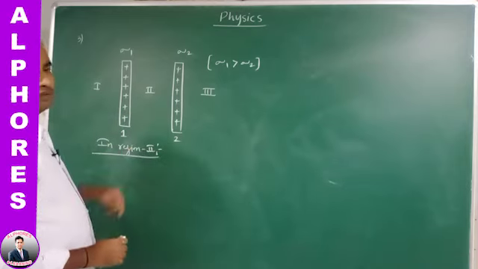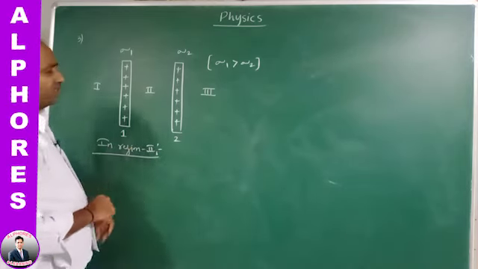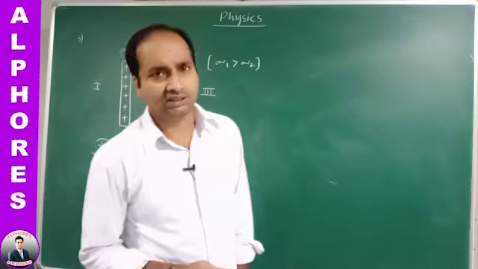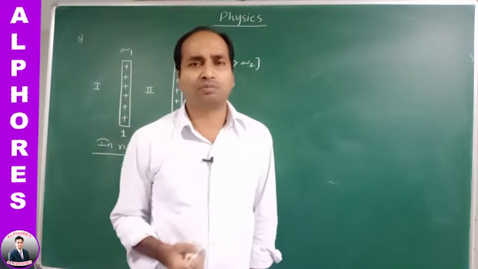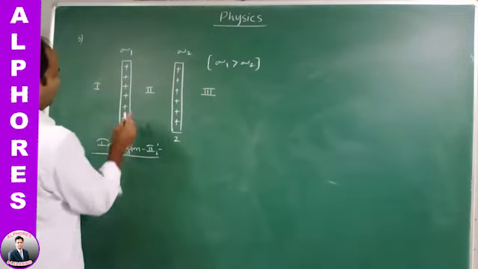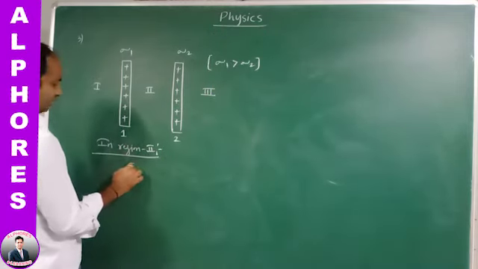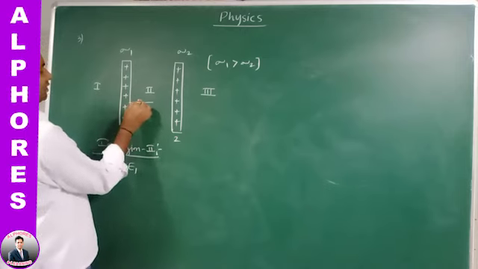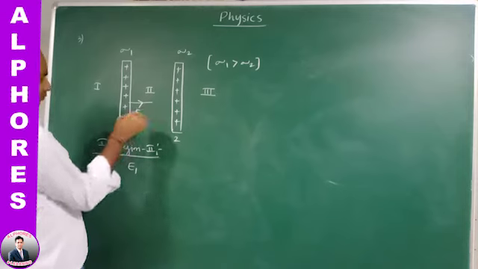This is a positive charge. We know the electric field intensity due to a non-conducting plane sheet. Let us take E1 as the electric field intensity due to the first plate in region 2. This is the direction of E1.